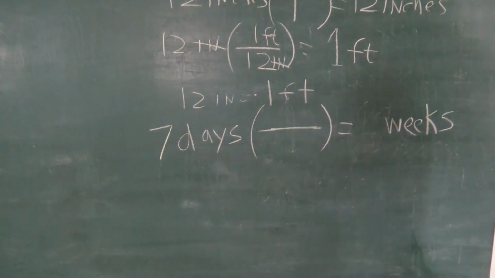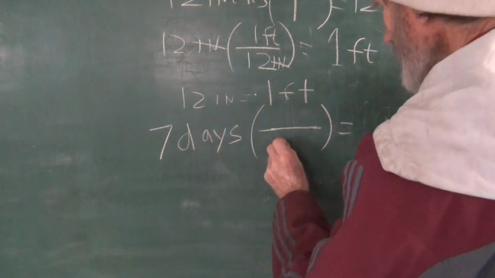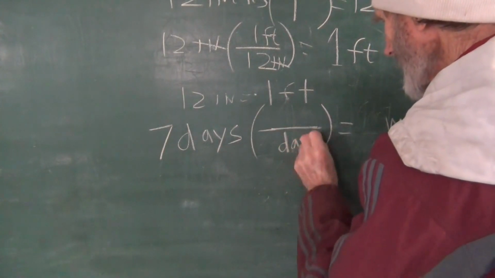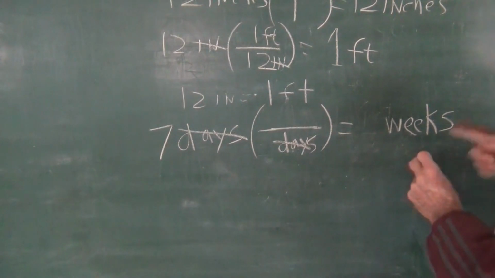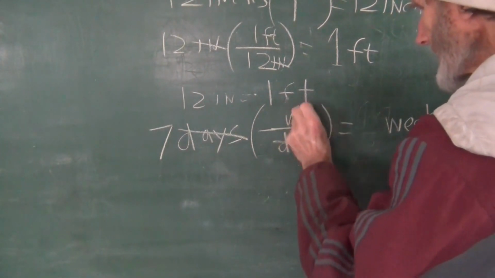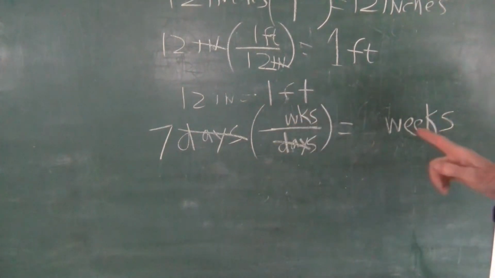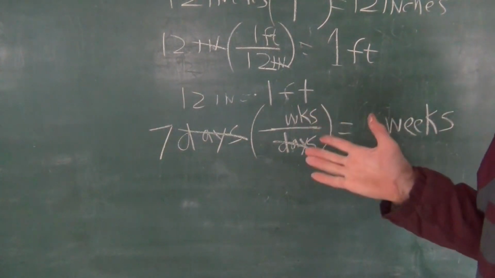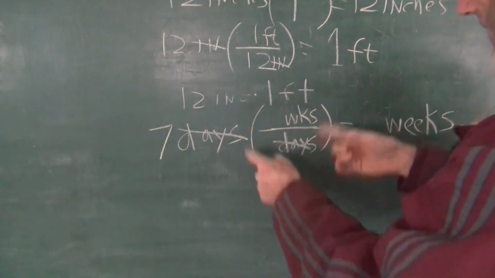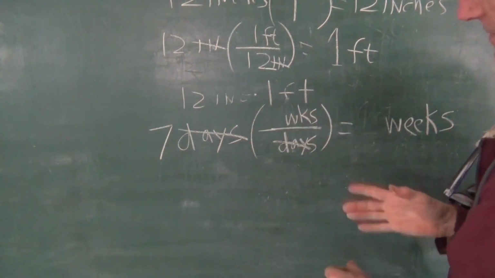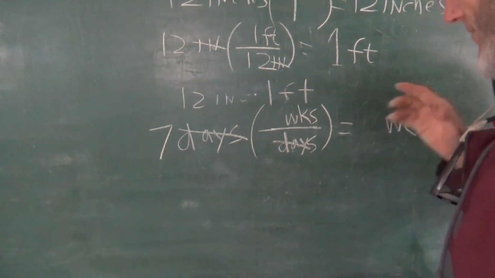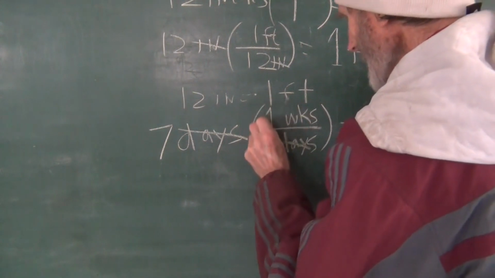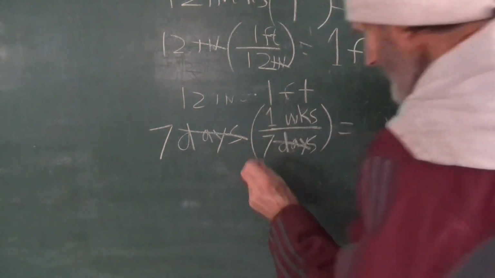Got it? Well, duh. If you want to get rid of days, you have to put days downstairs, because that'll cancel. And what do you want to turn it into? You want to turn it into weeks, so put weeks up top. Now, that's pretty good. That's the units, but what's the number? Well, we have to make it a big fat 1, and as you probably already know from when you're 3 years old, 1 week is the same thing as 7 days.